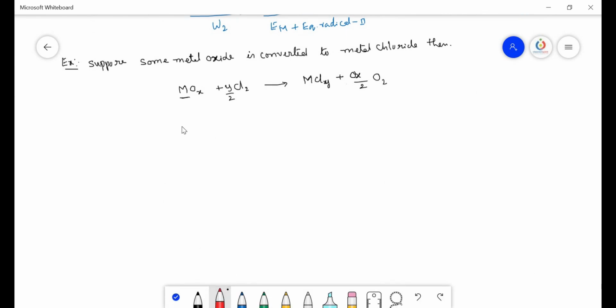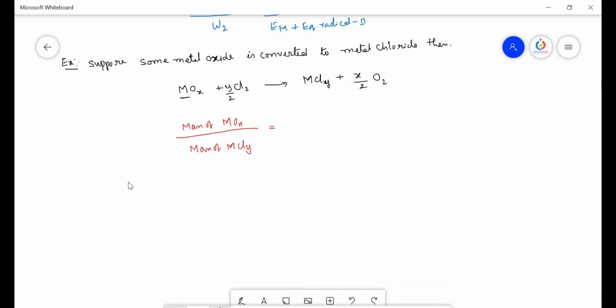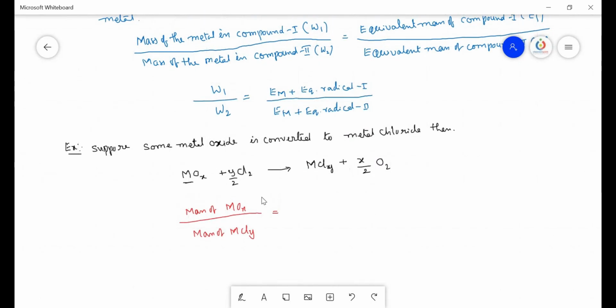Here, the mass of the metal oxide initially, mass of MOx, divided by the mass of the metal chloride equals the equivalent mass of compound 1.